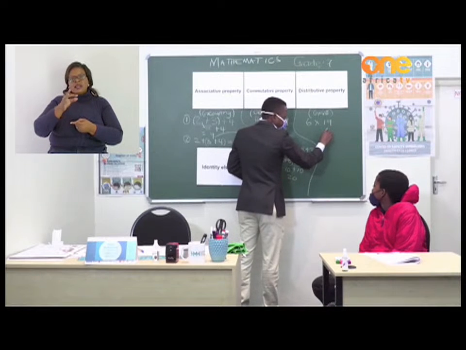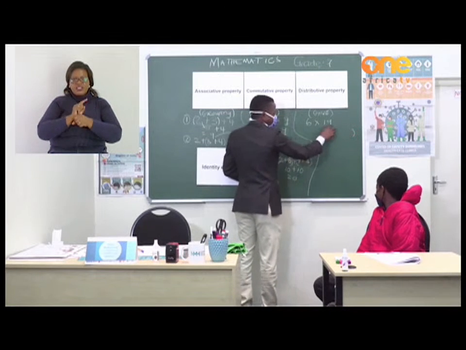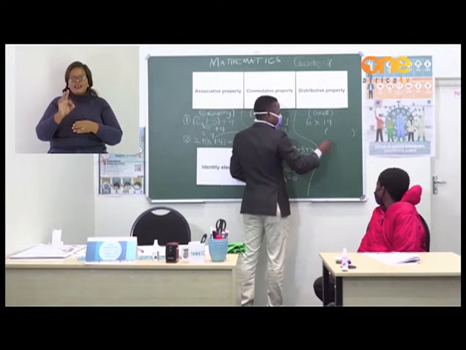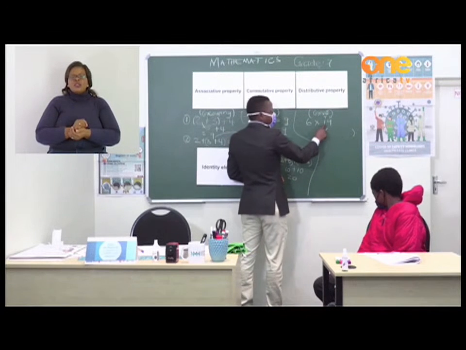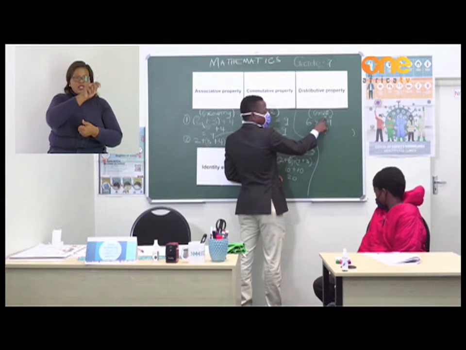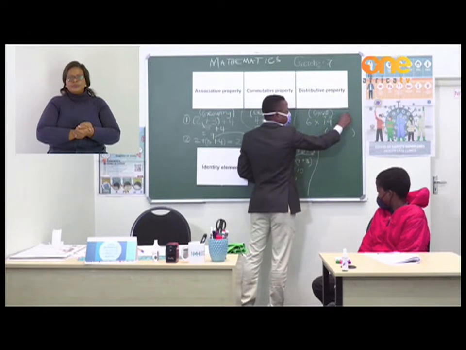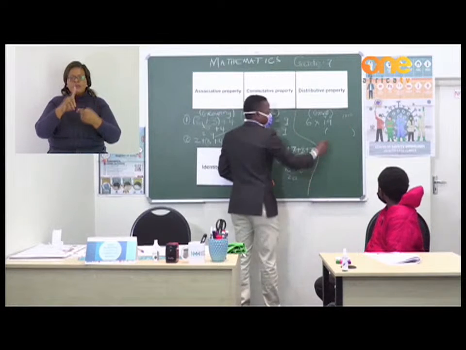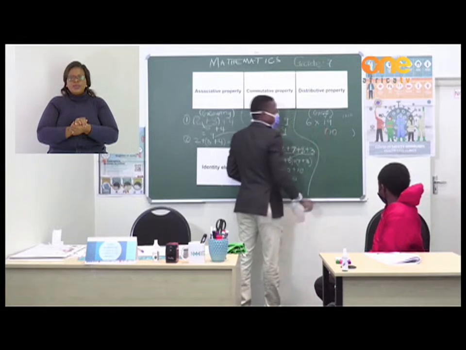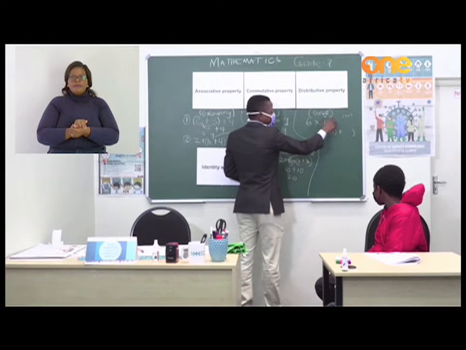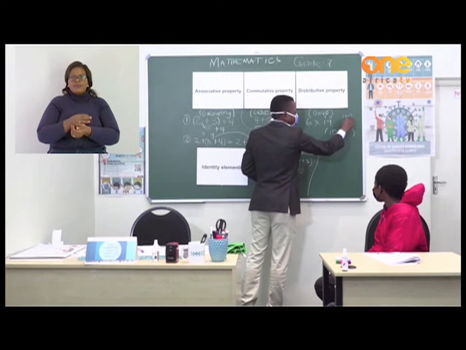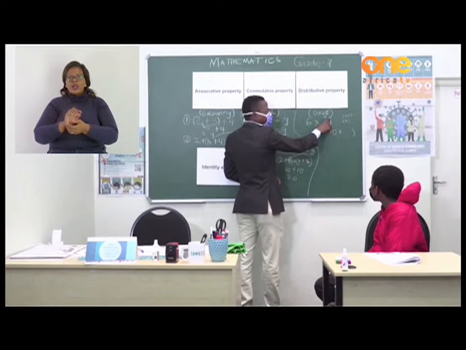So we have to expand this 19. Remember, this is a unit, this is a 10. So the value of this one in the position of 10 is 1 times 10. That already gives you 10. And 9 as a unit is 9 times 1. Remember the units are ones.